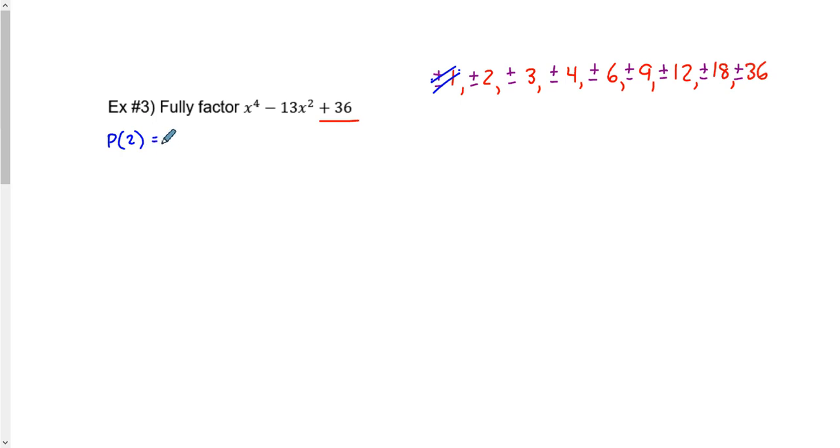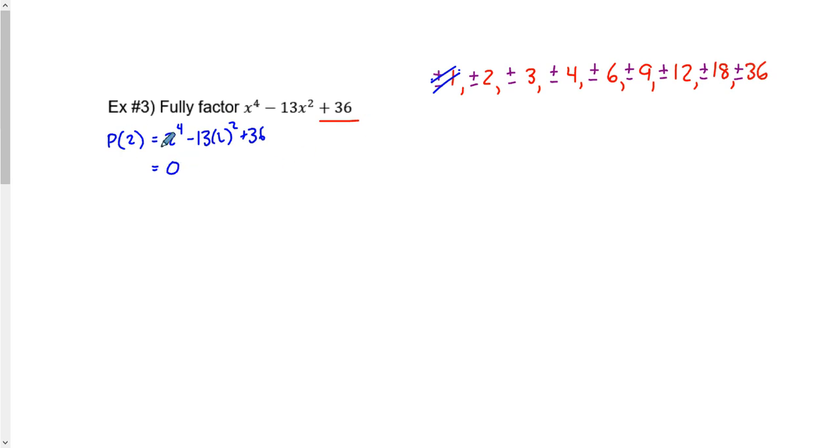Will 2 work? 2 to the power 4, subtracting 13 times 2 squared, adding 36. If I just plug that into my calculator, I get a remainder of 0.